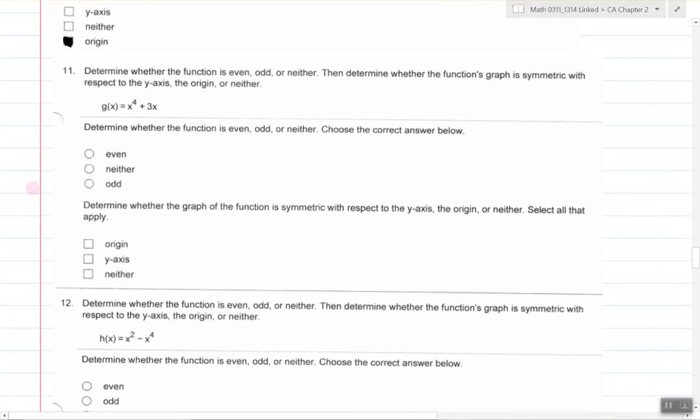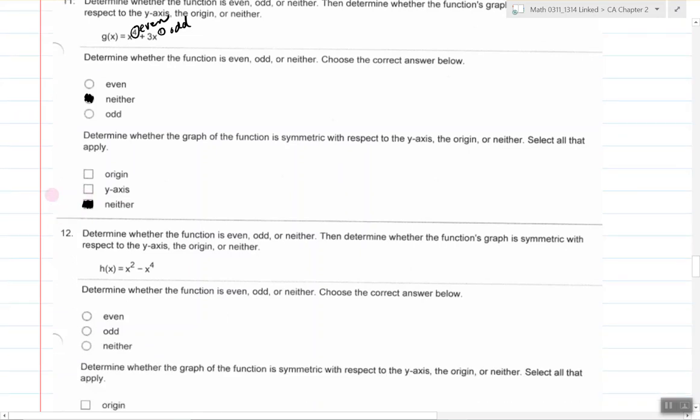Let's look at the exponents. This exponent is even. The invisible 1 exponent is odd. And when you have a mixture, you have neither. And because it has neither here, it has neither kind of symmetry.